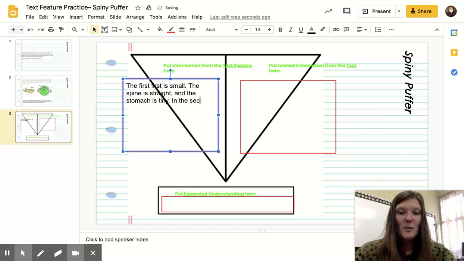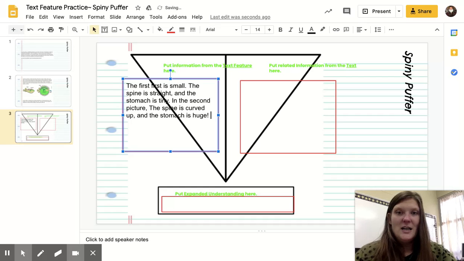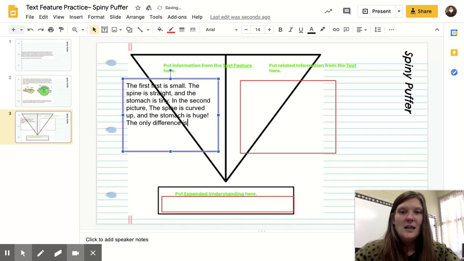In the second picture, the spine is curved up. And the stomach is huge! I'll put an exclamation point. I'm going to say the only difference is water flow.